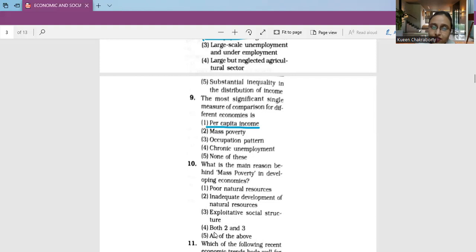In India, there are small land holdings, but we lack technology or development, so we are not able to produce or get the benefit of maximum production from that small land holding. So that is the problem. According to it, we have option number 4 as the correct option, that is both 2 and 3.